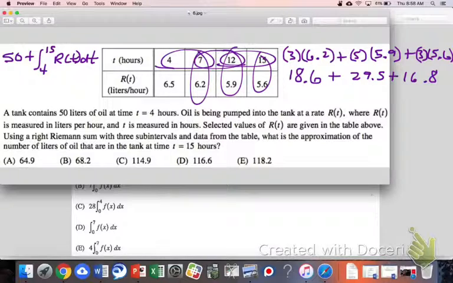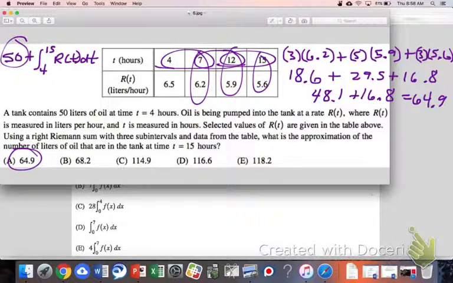So what do we have? 47.5, 48.1 plus 16.8. So if you do this, you get 64.9. So if you answered with A, I guess you forgot the 50. So 50 plus 64.9 is 114.9.